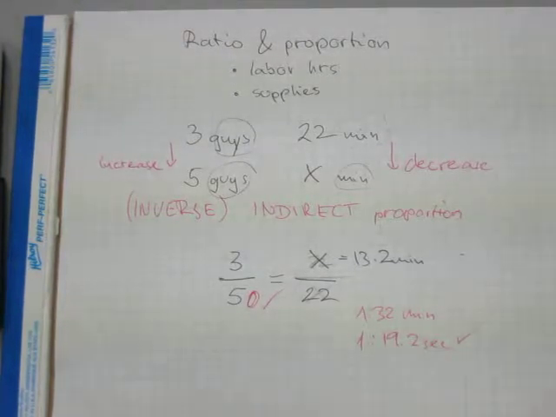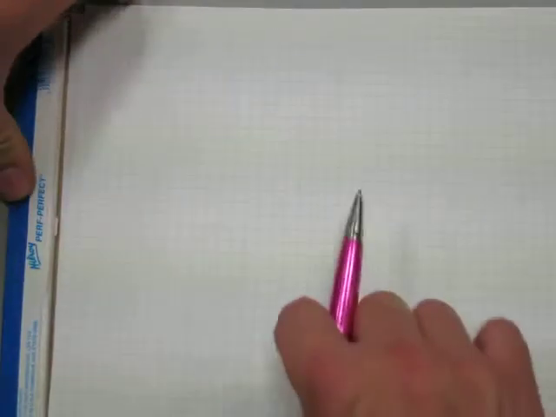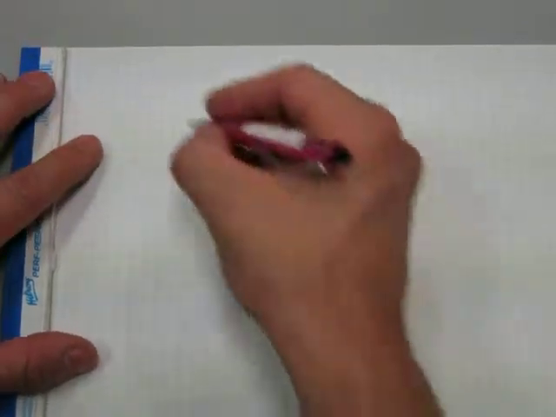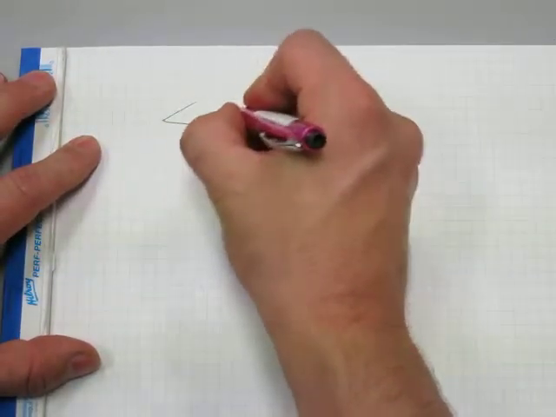Now the other example would involve supplies. Say the crew is using boxes of nails.